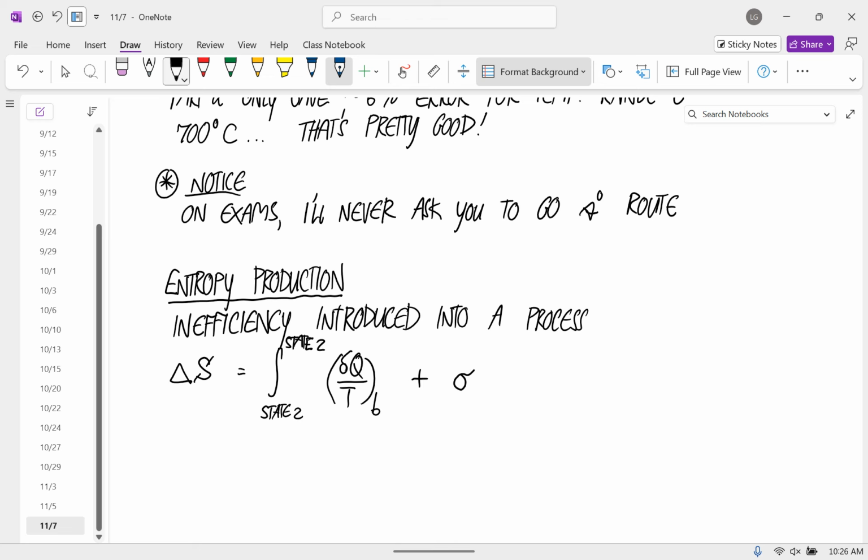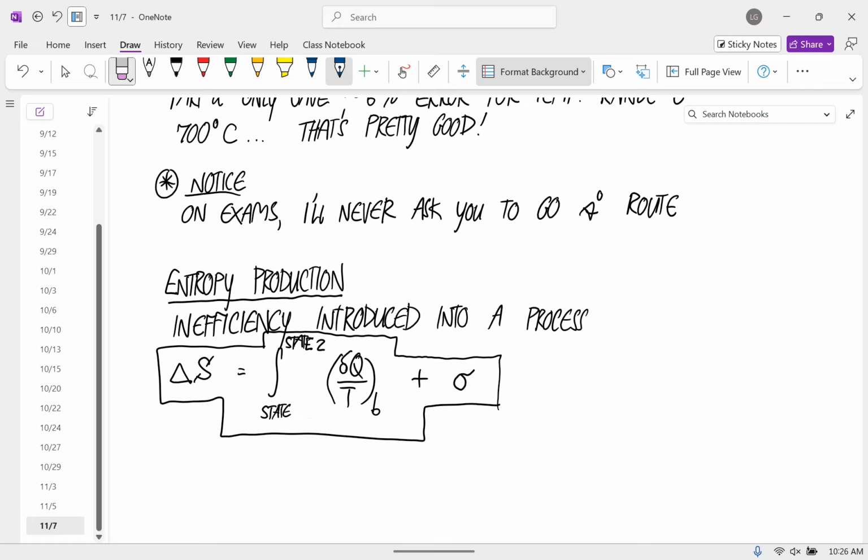It's kind of the same idea as we saw in the Clausius inequality. What about the interval? Is it supposed to be state 1 to state 2? Yeah, you're right. It's state 1 to state 2. Thank you. That would be pretty boring the other way. Would that be just like an instant? Yeah, it would just give you 0, just nothing happens. Okay, and this sigma has to be positive.